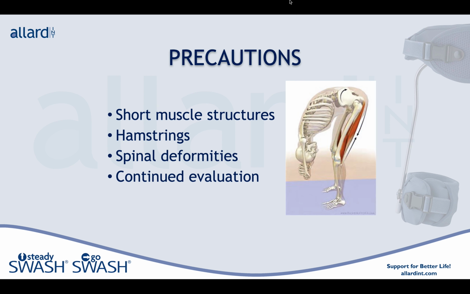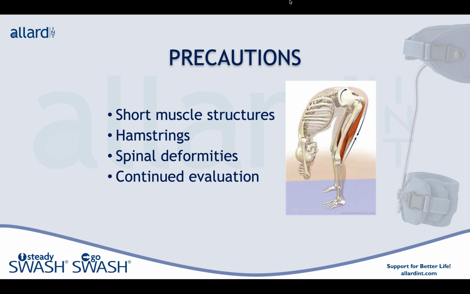Some of the precautions when we look at fitting are short muscle structures, tight hamstrings, any spinal deformities, but sometimes the SWASH can be incorporated into an LSO or a TLSO, as many practitioners have done, and continued evaluation. By continued evaluation, I mean if we have those patients that sometimes are not consistently showing up for their appointments, for therapy, for O&P services, they truly need to be evaluated.